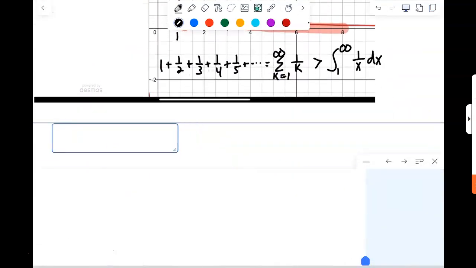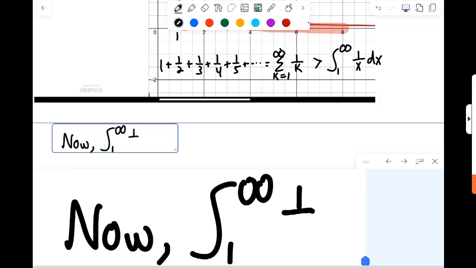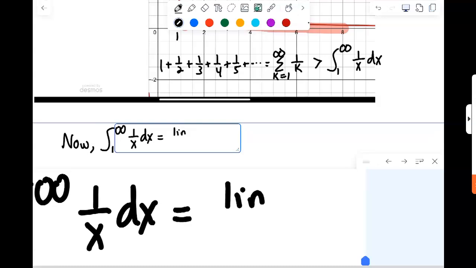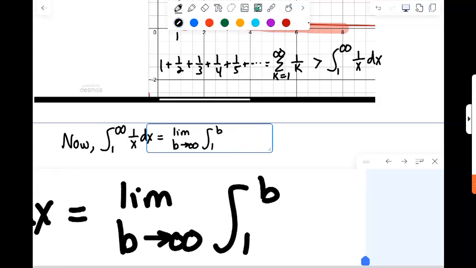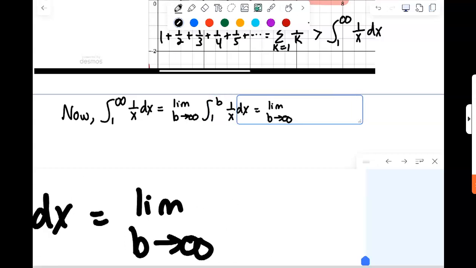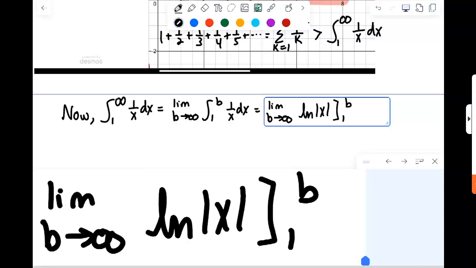So let's recall, and if you don't remember it, it's okay, we're going to work it out. The integral from 1 to infinity of 1 over x dx. Remember, that's the limit as b goes to infinity of the integral from 1 to b of 1 over x dx. Right? That's the limit as b goes to infinity of ln, absolute value of x, evaluated between 1 and b.